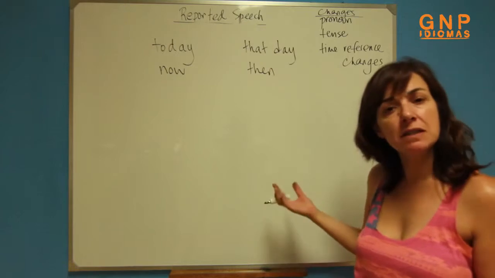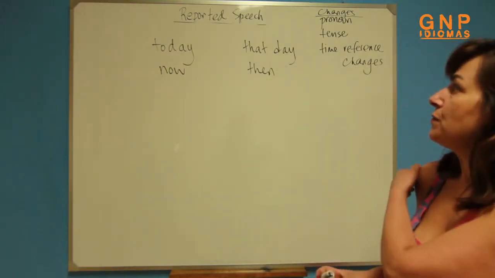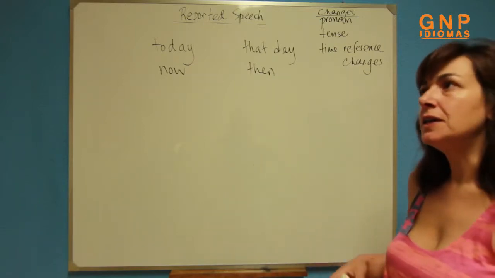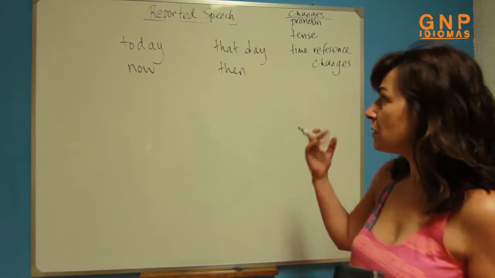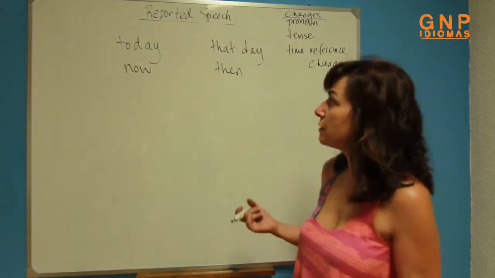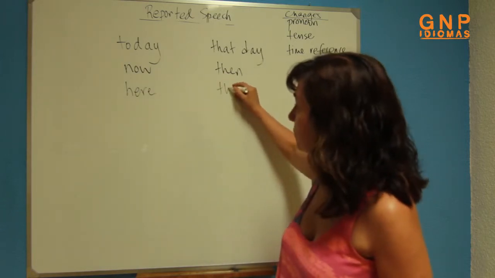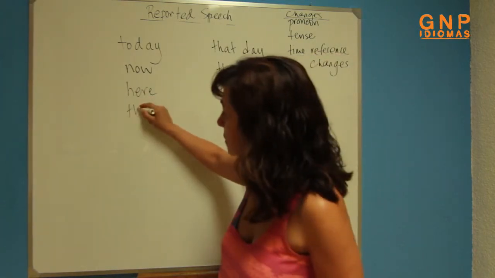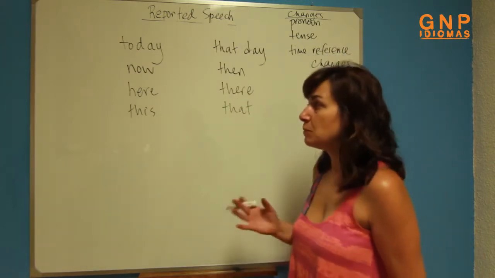All right? You can find this list anywhere. In most teacher manuals you will find it. It's these ones that they get stuck on. They'll remember yesterday or they'll remember next week, but the ones like that are a little out of the ordinary they have difficulty with. Things like here goes to there, and this goes to that. All right? These changes need to be memorized.